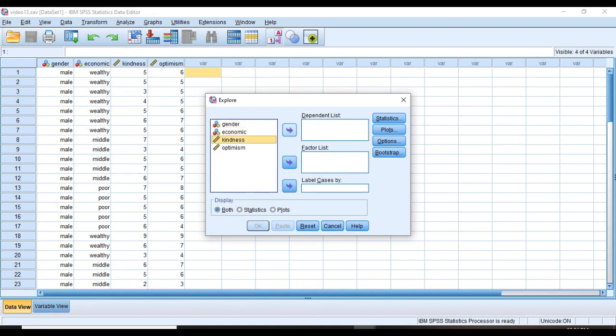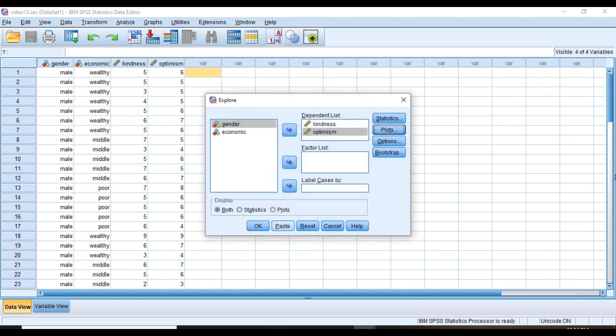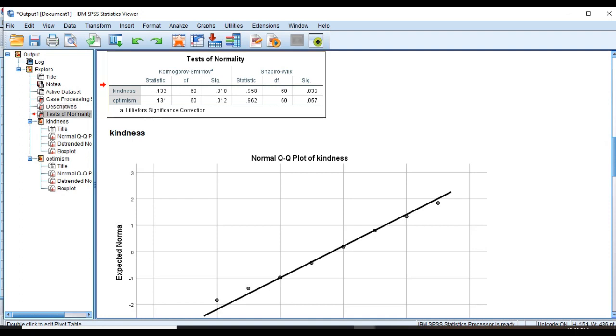Put kindness and optimism in the Dependent List box, and then on Plots, uncheck Stem-and-leaf, and check Normality plots with tests. Then we move down to the Tests of Normality, and as you can see, we have the Kolmogorov-Smirnov test and the Shapiro-Wilk test.